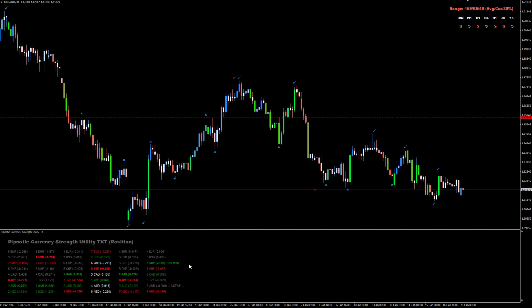If we have a quick look at the strength information, I've received a few comments regarding it, and some people are using the graphical version of the indicator, the GFX version, and that's great, but the beauty of the TXT version is that you're seeing a much broader range of information, so you're making much better trading decisions.